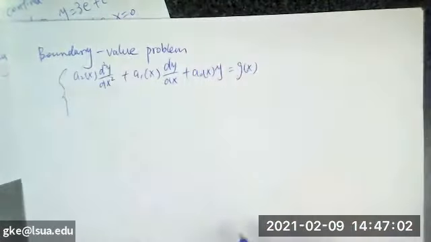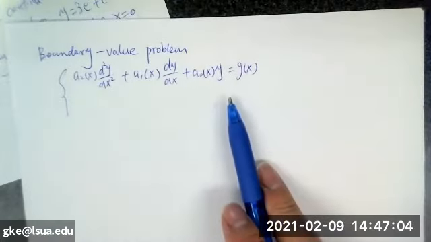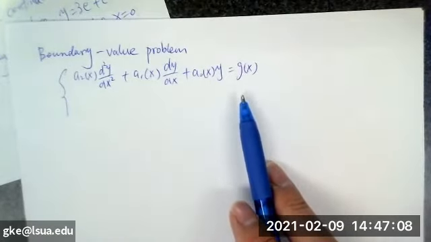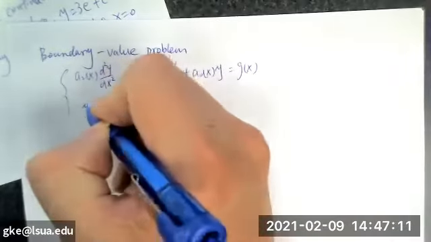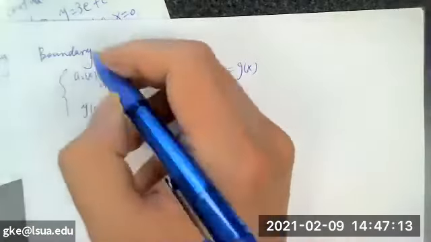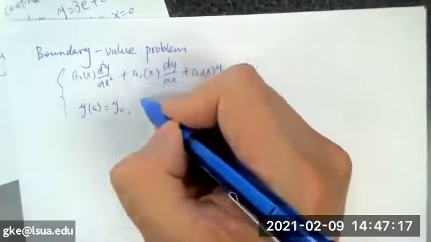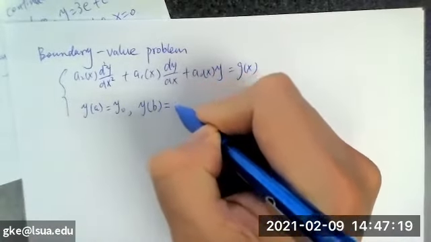Okay, that's the typical linear second order linear ordinary differential equation. And we have two conditions. One is y(a) equals y0 and y(b) equals y1.